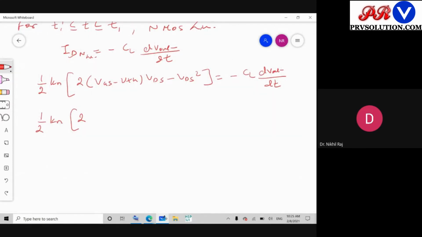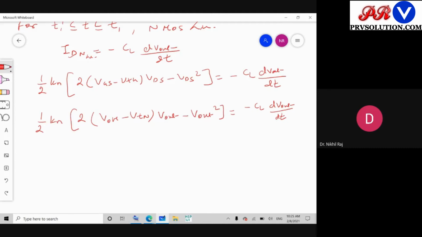VG is nothing but Vin, and Vin is nothing but VOH) VOH minus VTN, and VDS is nothing but Vout, because the source is at ground potential, minus Vout square], that is equal to minus CL dVout by dt. So we have to solve this expression. In the same manner we will have to calculate the time.